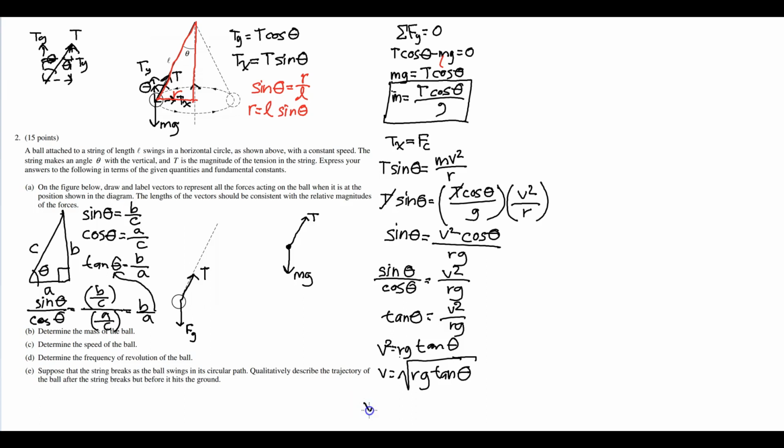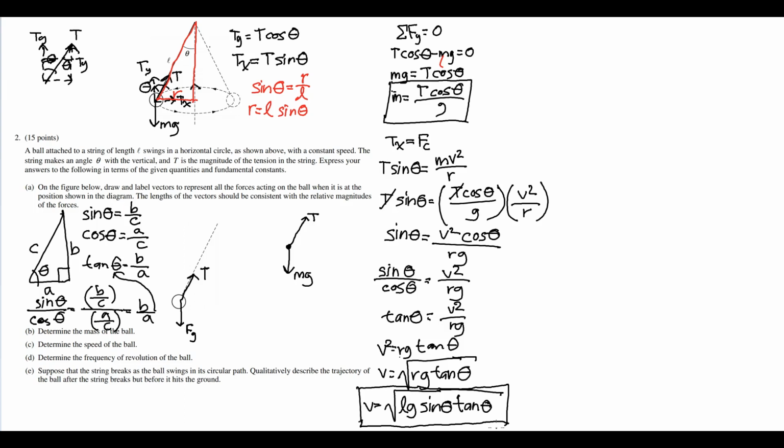So we get v equals square root of LG sine theta. So L sine theta times g times tangent of theta. All right. And that is it. So now everything's in terms of L and theta, and we're given L, so it checks out.